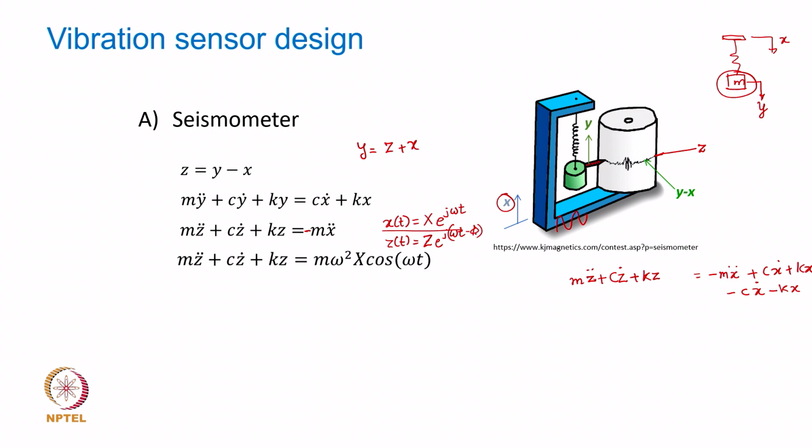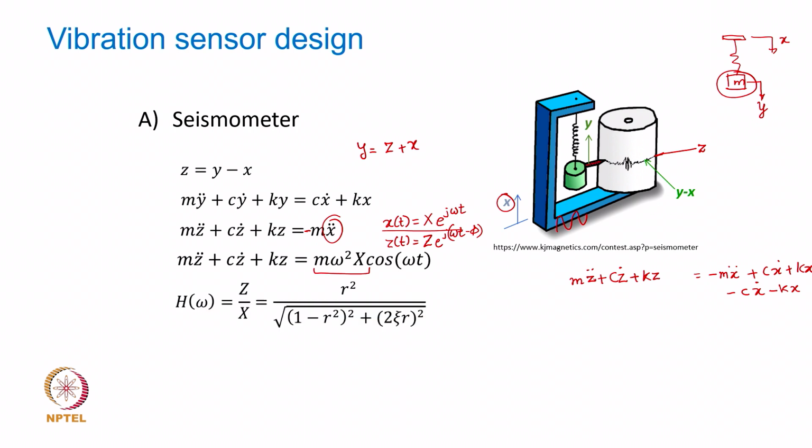Finally, when you introduce that, x double dot will have minus X omega square, and therefore it turns out to be plus here. So, the magnitude then becomes m omega square X, and of course, instead of e to the power j omega t, if you want to write the real part, which is cos omega t.